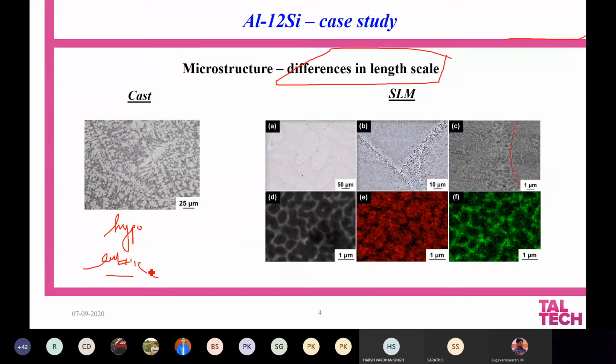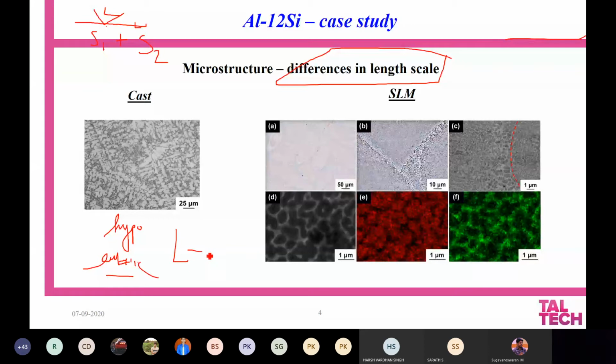It means it happens at a fixed temperature and fixed composition. A eutectic reaction is one where a liquid gives rise to two solids, solid 1 plus solid 2, at a particular temperature and particular composition.